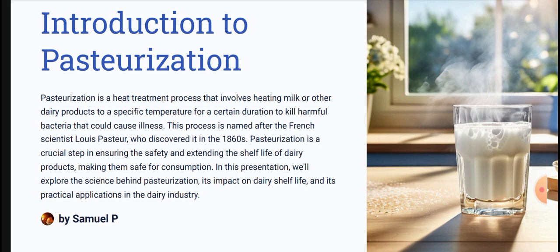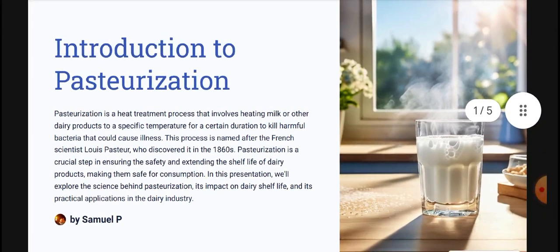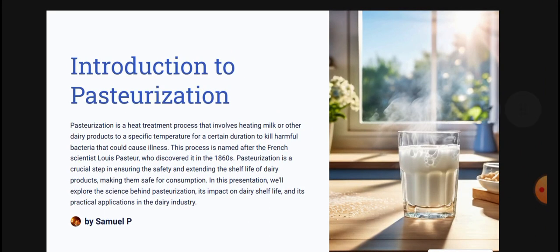It was named after the French scientist Louis Pasteur, who discovered this technique in the year 1860. So this is an effective procedure to preserve the milk as well as milk products for a longer duration.